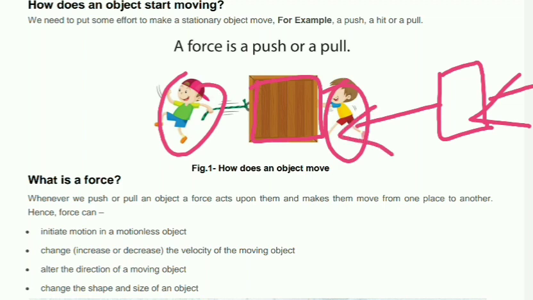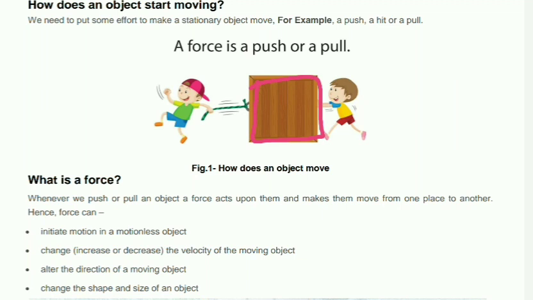Gradually the box came to this side. So another effect is that force can initiate motion in a motionless object. If an object is at rest, the force will make it move.